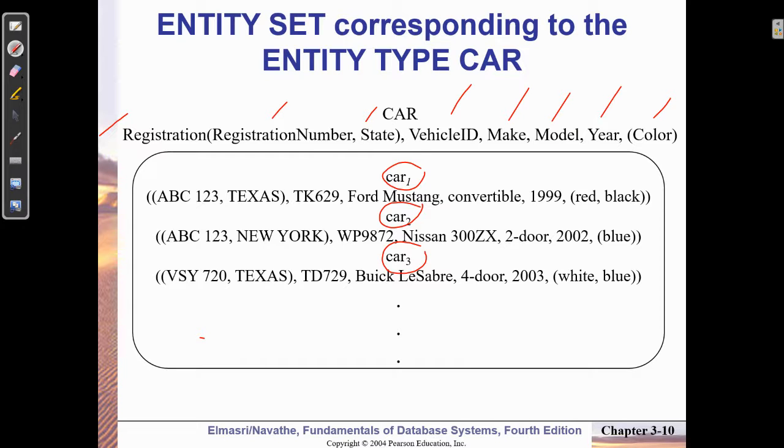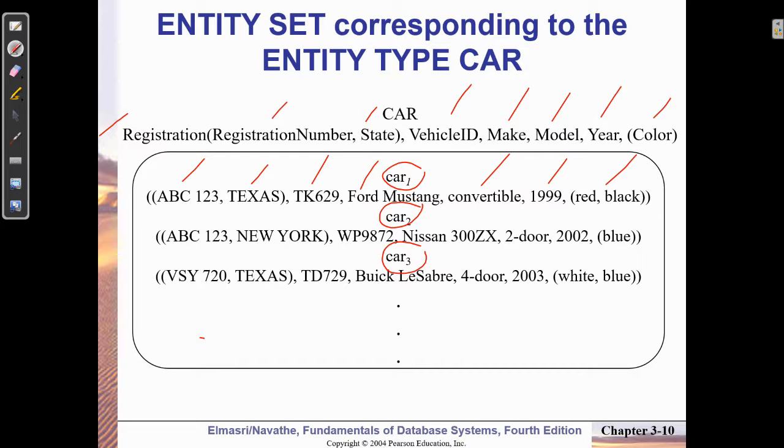So car 1 has registration number abc123, the state is Texas, vehicle ID is tx629, the make is Ford Mustang. The model is, I think, convertible. The year is 1999, and the color is red black.